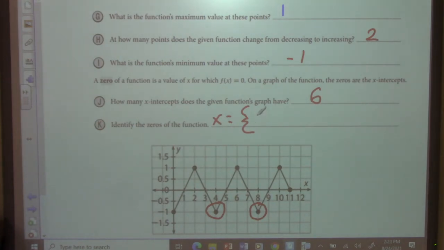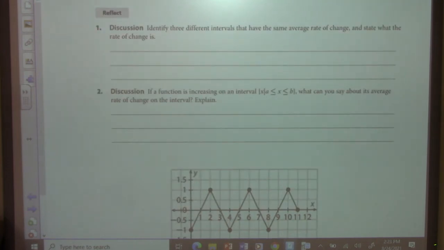What are they? 1, 3, 5, 7, 9, and finally 11. And the way it's being asked here, if this number is 6, how many values should we see here? 6. And are there 6 there? Yeah, so we're good, right?